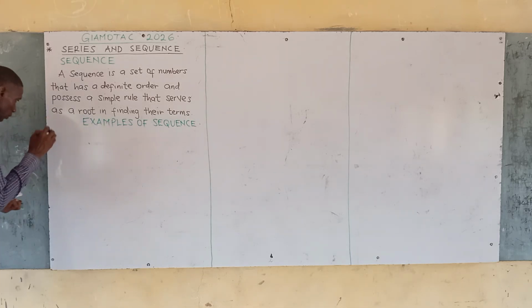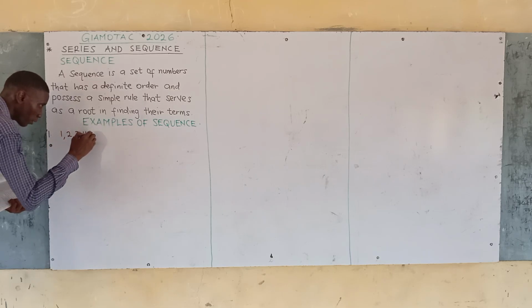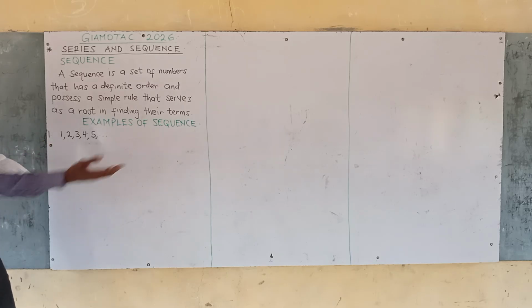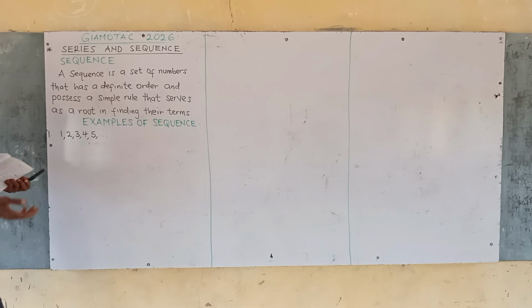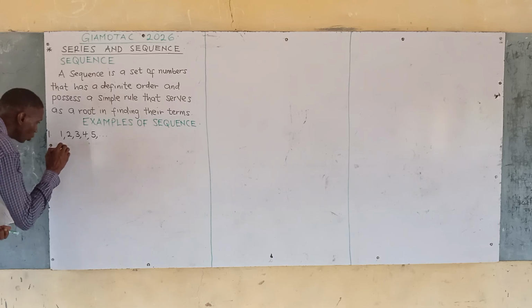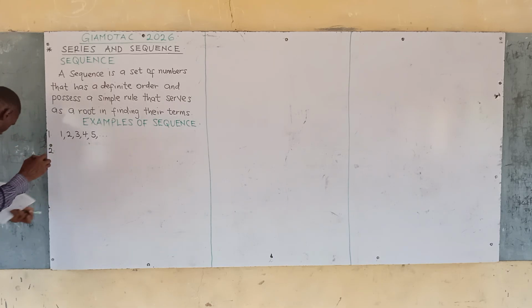Number one, we are having 1, 2, 3, 4, 5, and so on. If you look at this, you don't need to think much. You should know that this is a pattern of n plus 1. So that's the pattern. Let's look at the rule of this. Okay, let me write the question first.